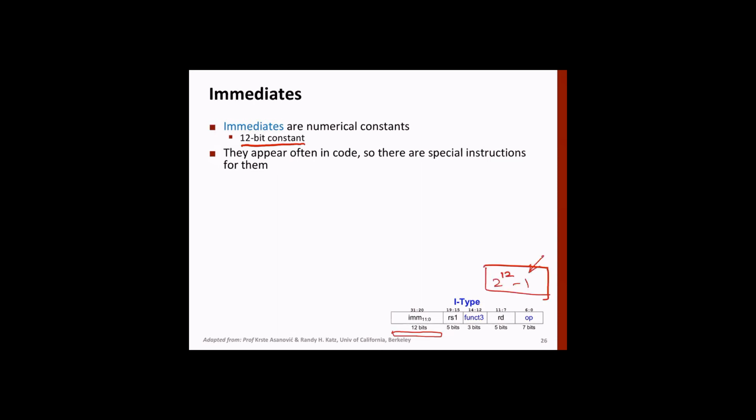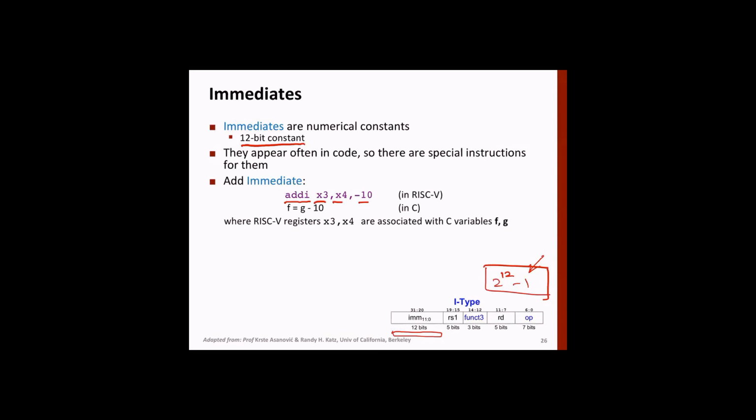The instruction is add immediate, ADDI X3 X4 minus 10. This is the assembly language instruction, and the corresponding C statement is f is equal to g minus 10.